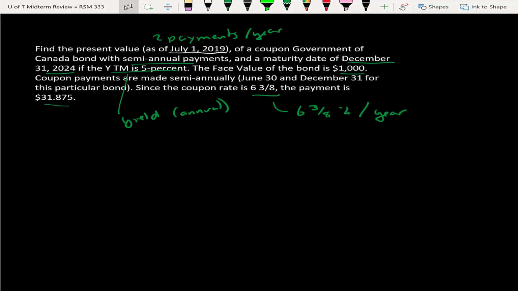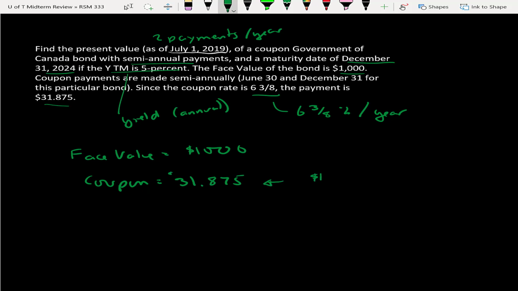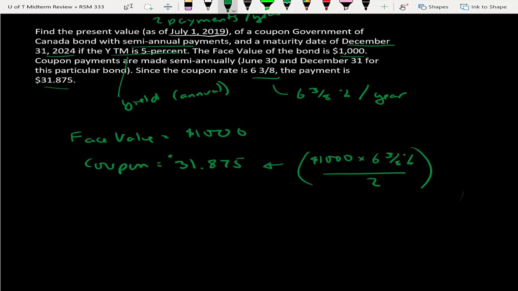The face value is $1,000. The coupon is, in this case, they gave it to us, 31.875. But if we needed to calculate it, it would have been the $1,000 bond times 6 3/8% divided by 2, because it's paid twice a year.